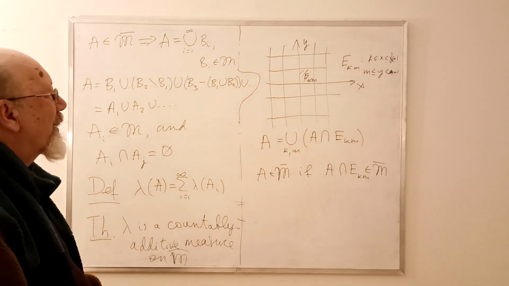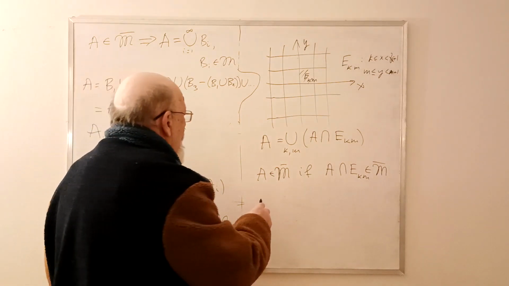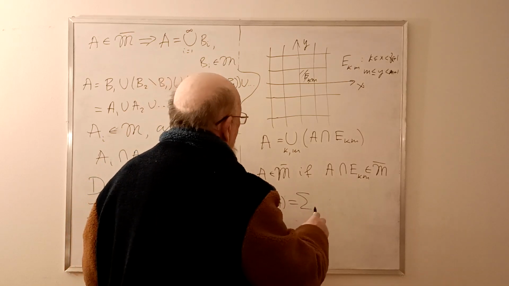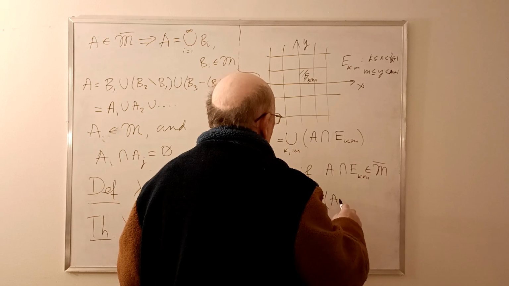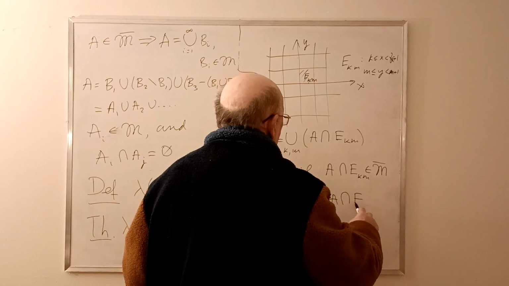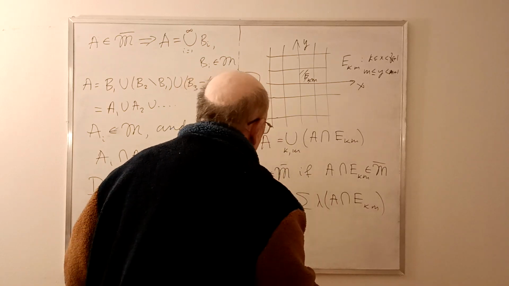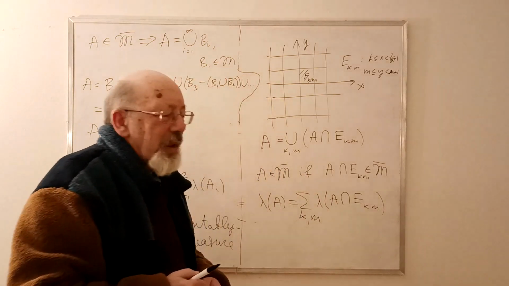So this is the definition, and lambda of A is the sum of lambda of A intersection with E_km.